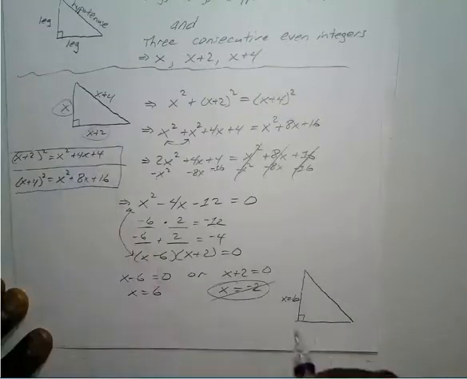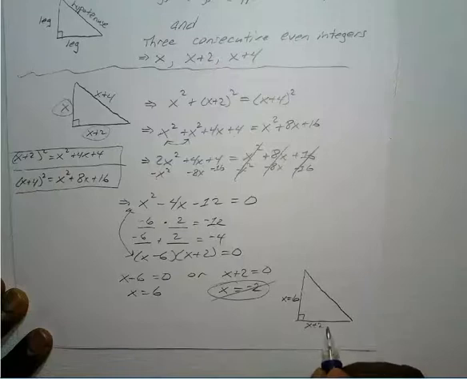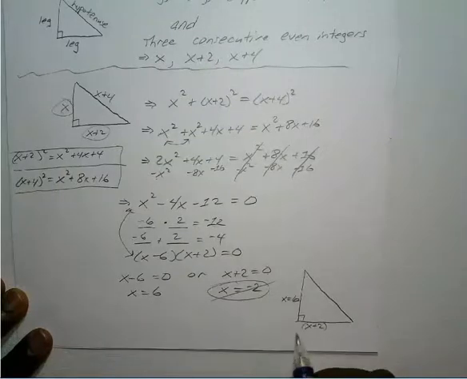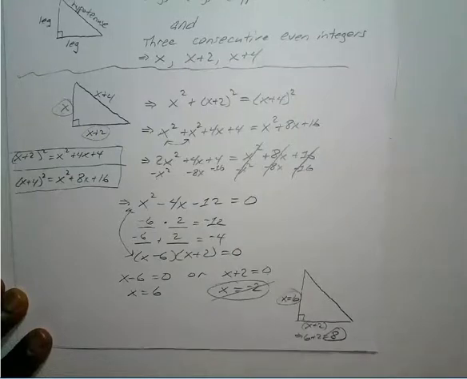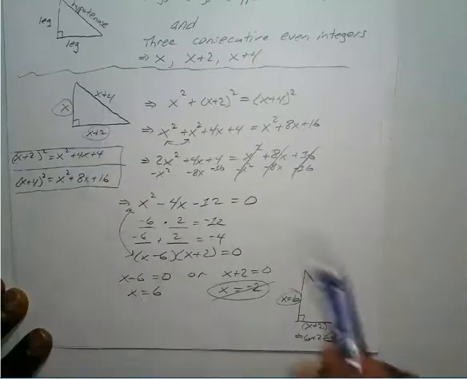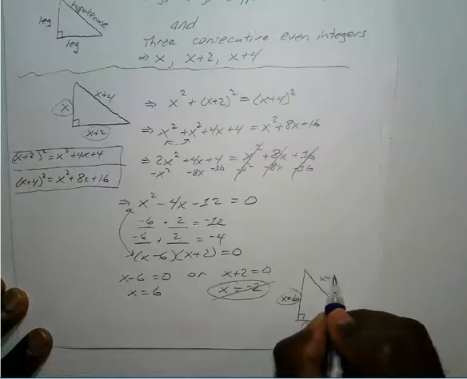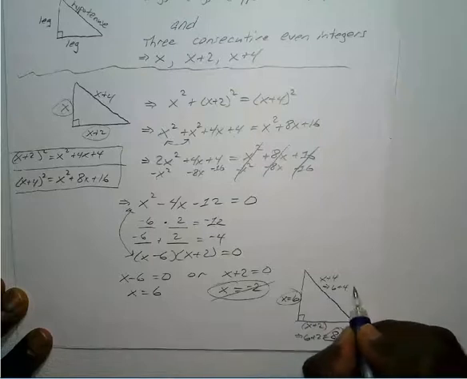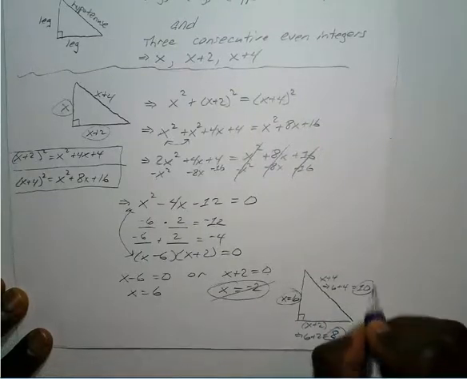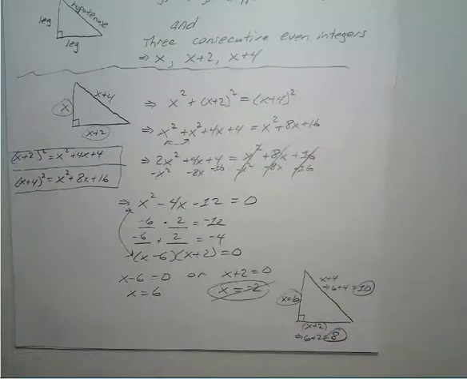Side x plus 2, we know that 6 plus 2 is equal to 8. And side x plus 4, that's 6 plus 4, which is 10. Okay, so those are the lengths of your three sides.